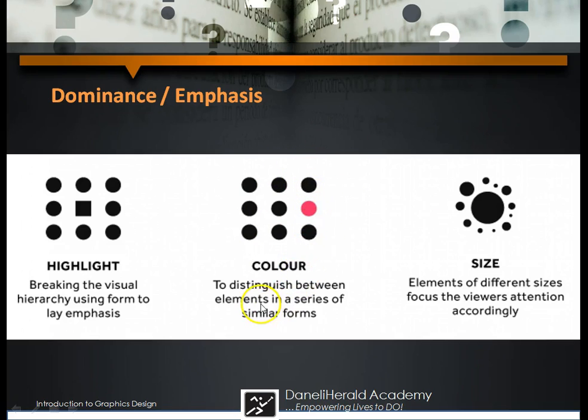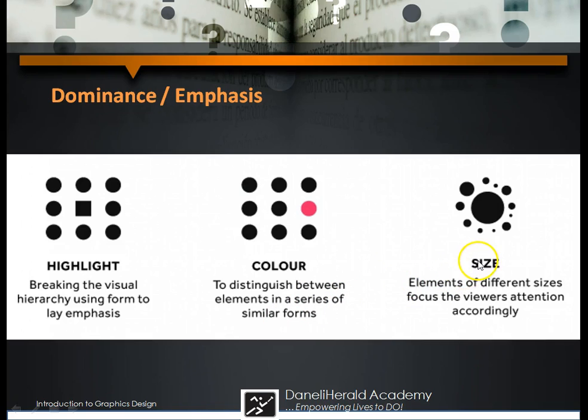Among the set that won you Tunisia 94, I want to talk about the dribbling of Austin Okocha. So I changed his jersey from the usual green to pink. This is magenta actually; you get to all of this later. So you use a different color to distinguish between elements in a series of similar forms.